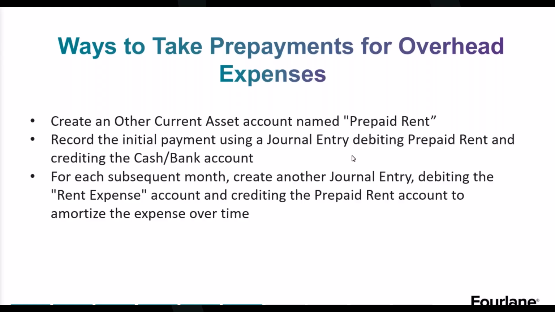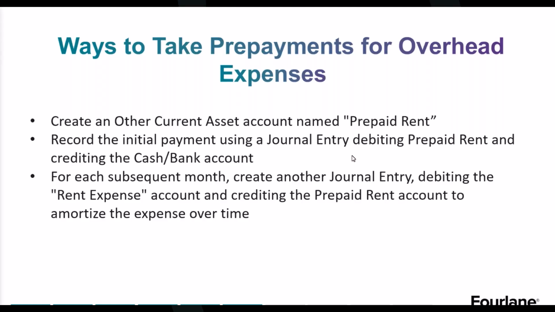After that, whatever the period or length is, the terms that are established for that prepaid service, we would create monthly, quarterly, annual journal entries to continue to debit the expense account side to recognize what the overhead cost is to the company, while crediting that other current asset prepaid account. And that will take us through an amortized schedule of that particular service.